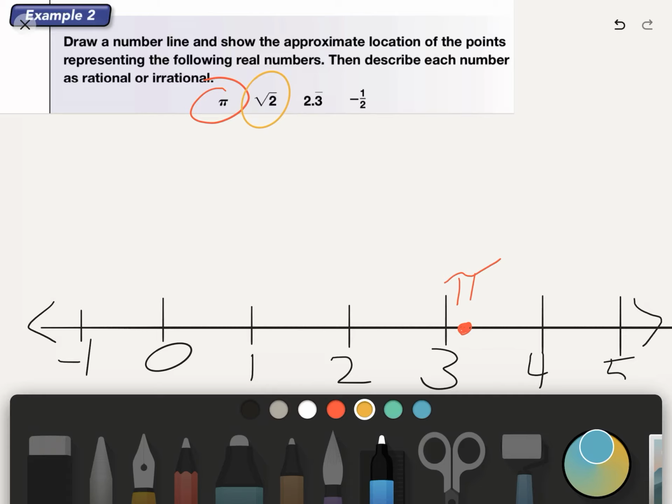That's going to be very hard to puzzle out. But we can think of that as somewhere between 1 and 2. It'll be 1 point something something times 1 point something something. So we'll put that one right there. Say you are the square root of 2.